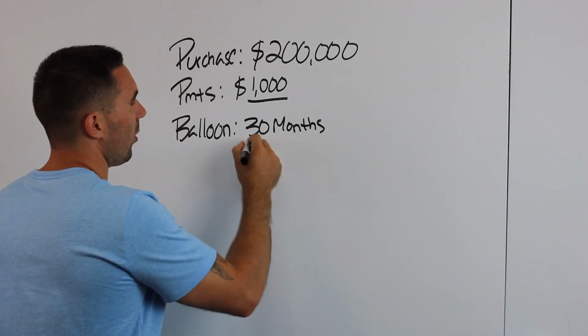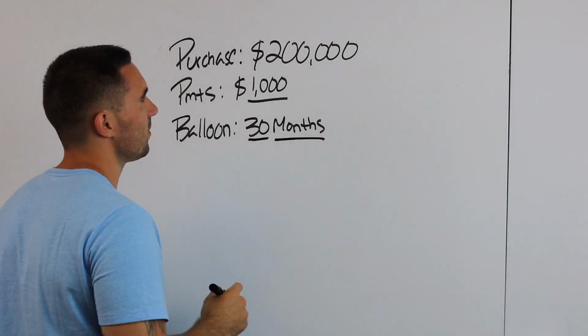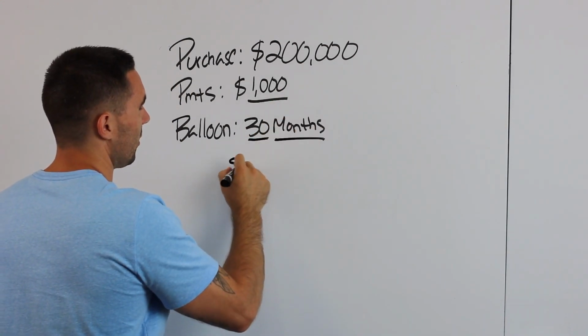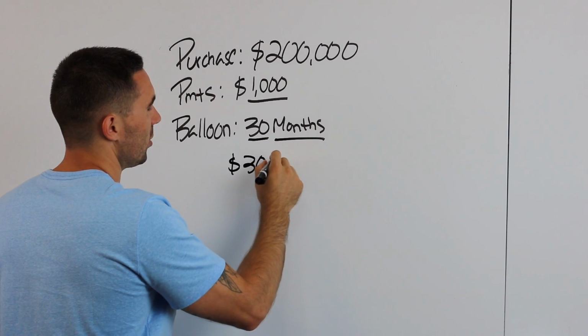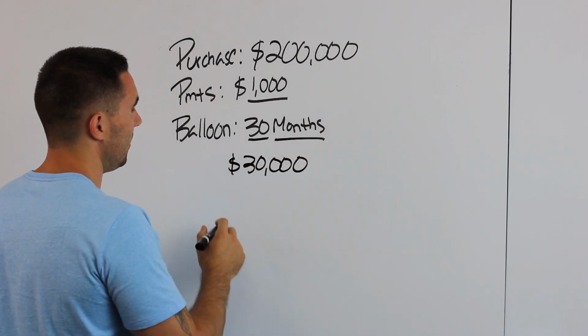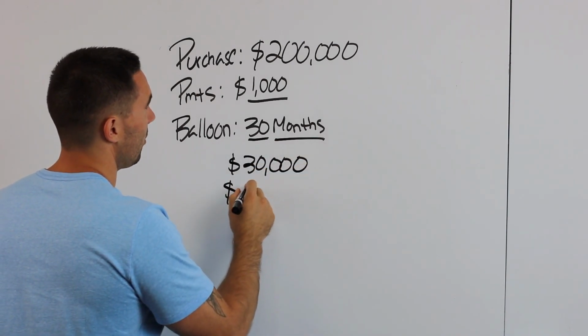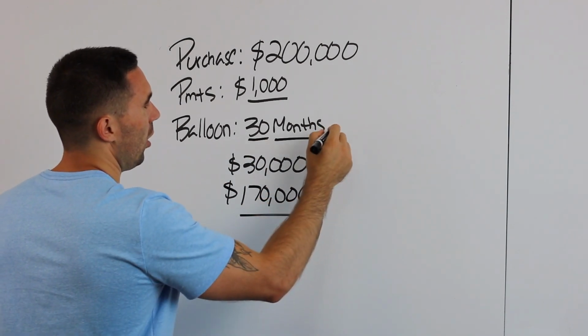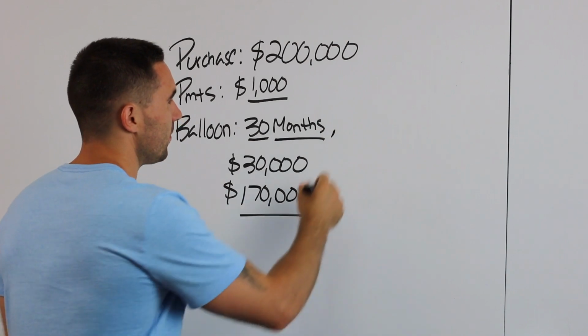So on or before the end of the 30 months, you will have paid $30,000 towards the purchase price. This means that $170,000 is due on or before the 30 months.